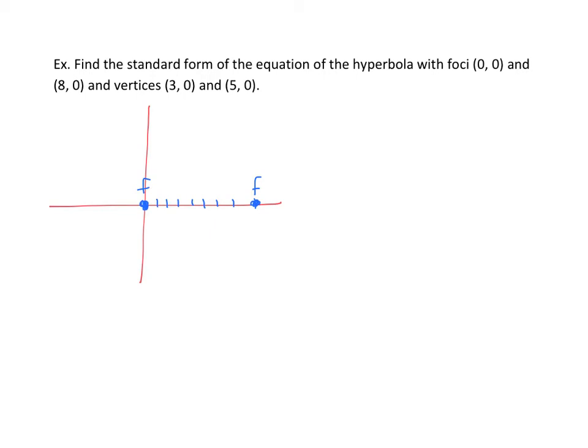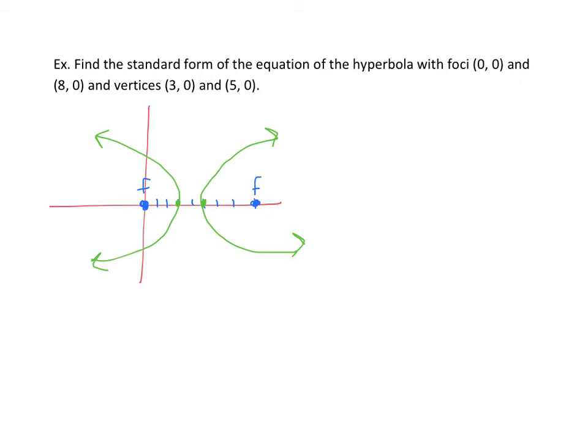Vertices at (3, 0) and (5, 0). So only one thing can happen here. My hyperbola has to be opening left and right, which means standard form, I'm going to be starting with x squared.